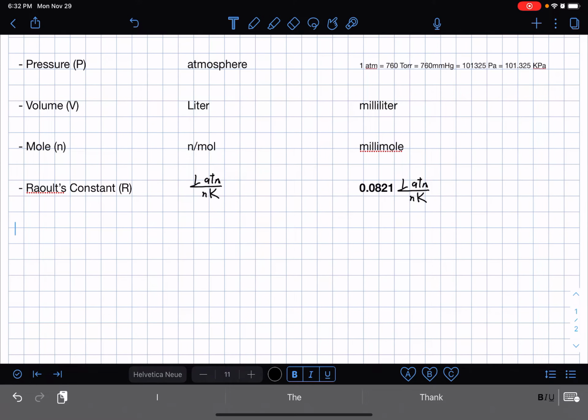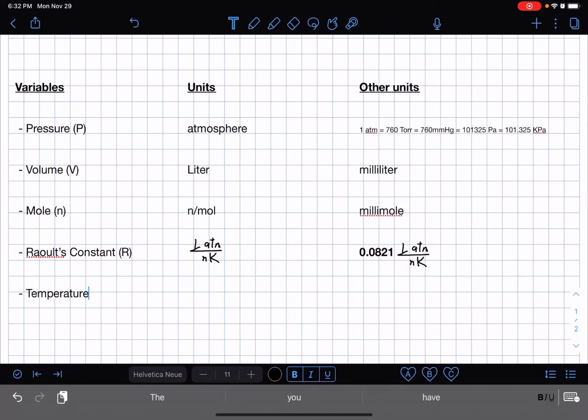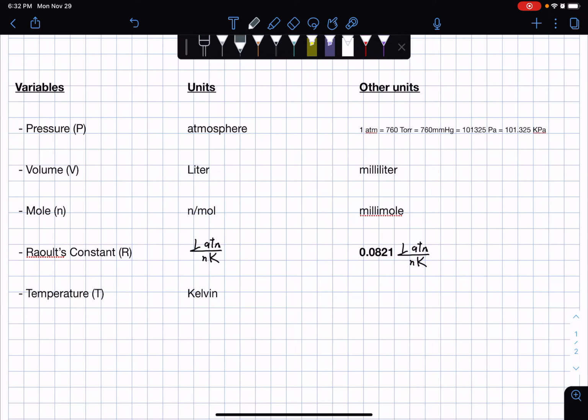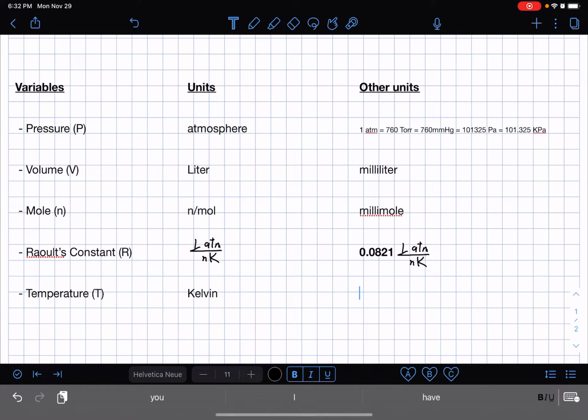Alright, let's move on to the last variable of our formula, which is temperature. For temperature, our main unit is Kelvin. As you can see in the gas constant, the unit has K. Kelvin is the main unit of measurement for temperature.